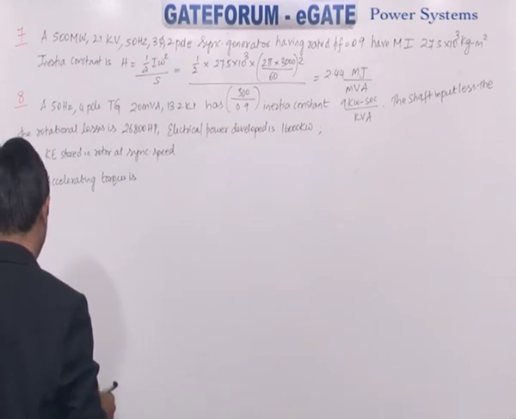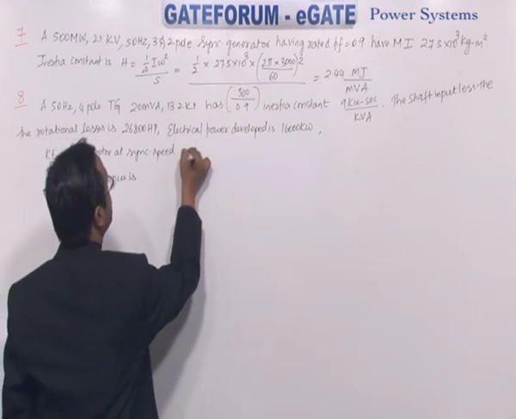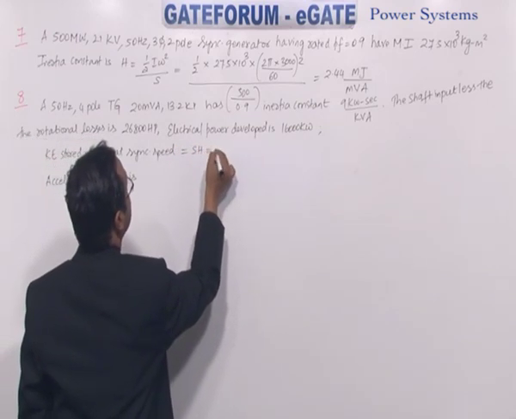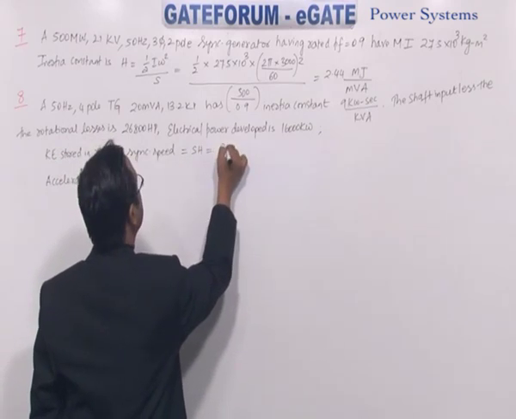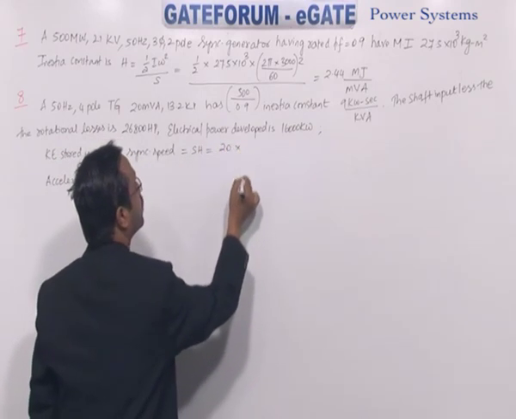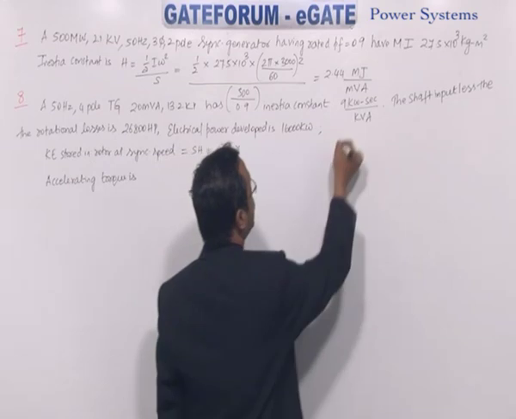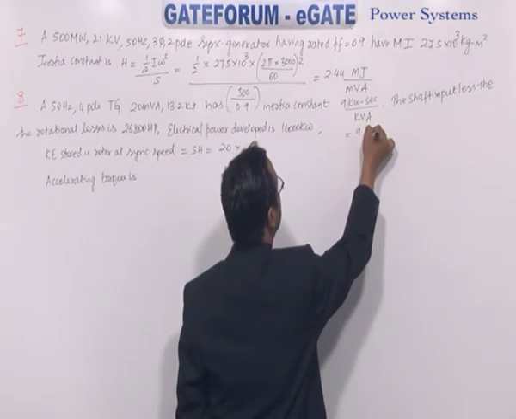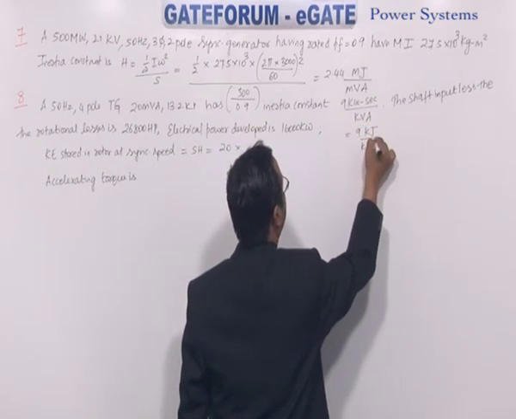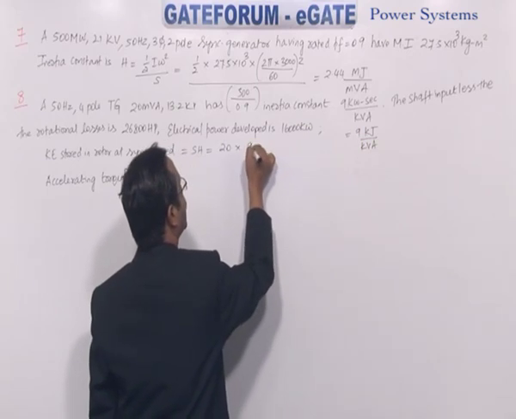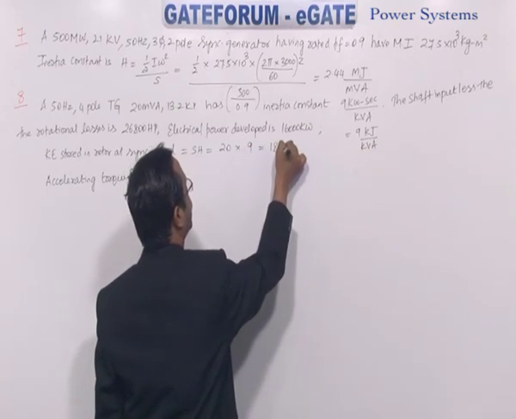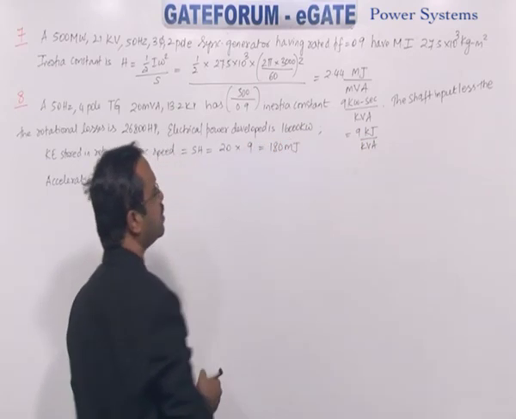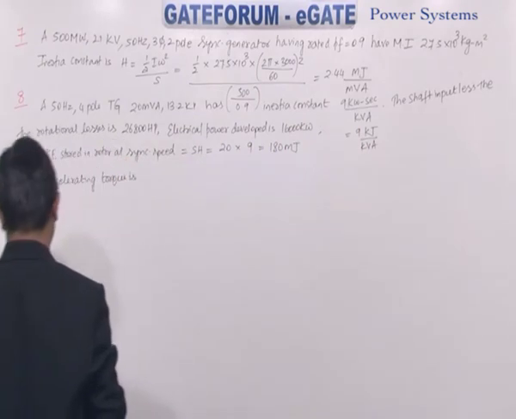How do you find the kinetic energy? S into H. S is 20 MVA. Watt second is joules, so 9 kilojoules per kVA can be written as 9 megajoules per MVA. So you get the answer 180 megajoules.